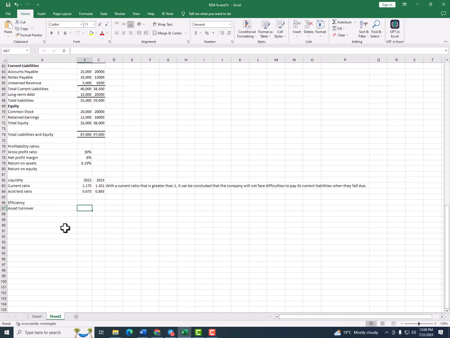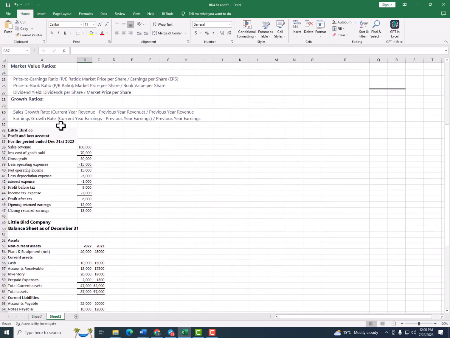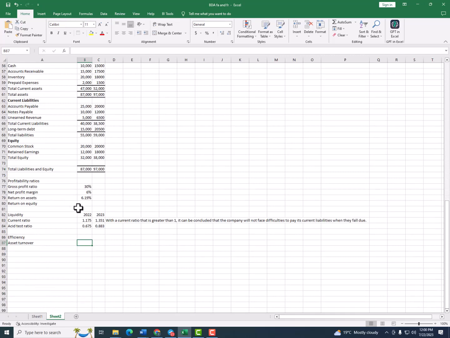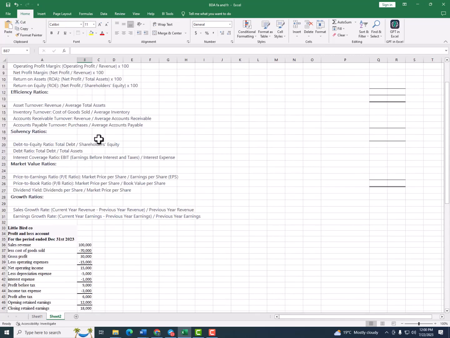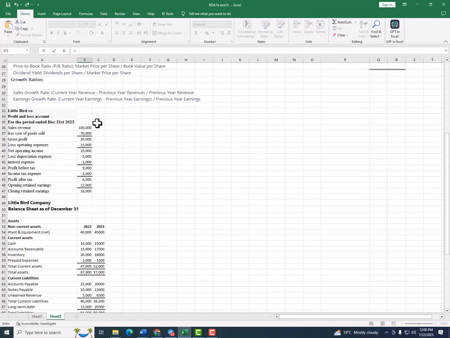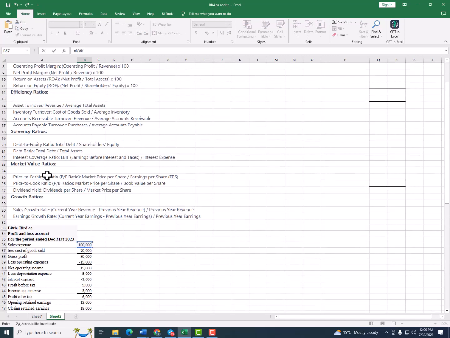So for this one, it's only for 2023, since we only have the profit and loss account for 2023. So asset turnover is going to be revenue divided by total assets. So equals revenue divided by total assets.